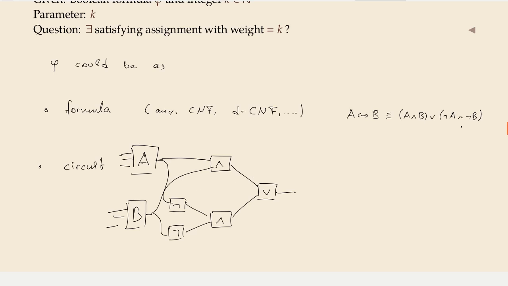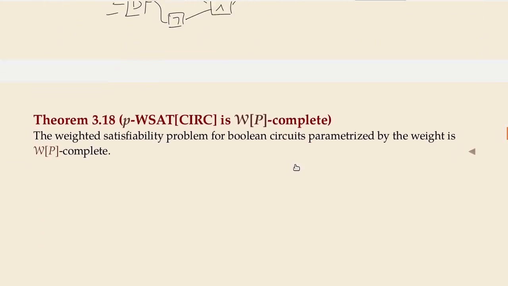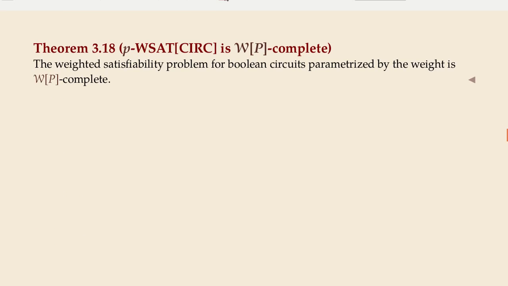And then you might notice that I've exactly built a circuit for this formula. But instead of copying A and B, we have those only once and just a constant number of additional nodes. So that's why, in general, circuits are much more powerful, more expressive, and in particular more concise. They need less space to express the same Boolean function. So it might make a big difference how you represent the formula.